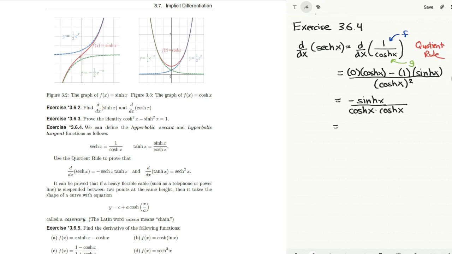And now let's write this as two fractions. This will be negative 1 over cosh times sinh over cosh, which becomes negative hyperbolic secant times hyperbolic tangent.